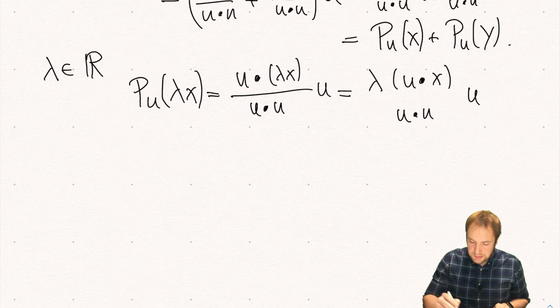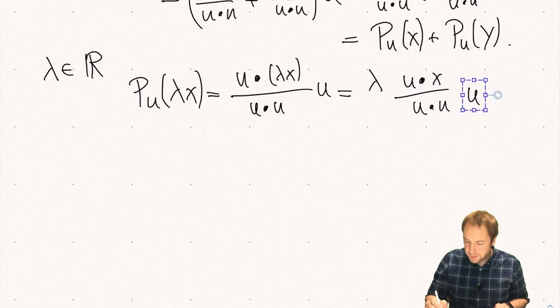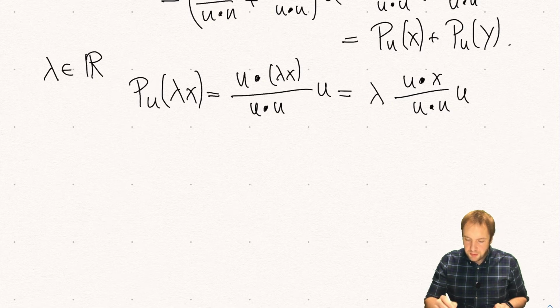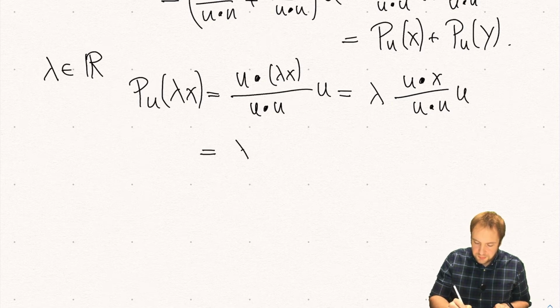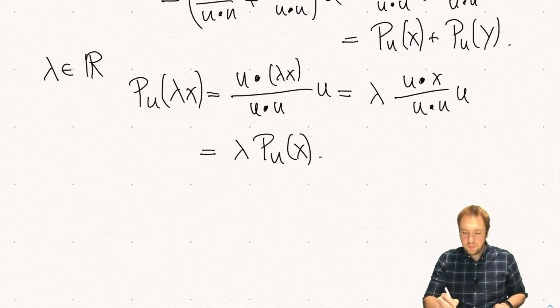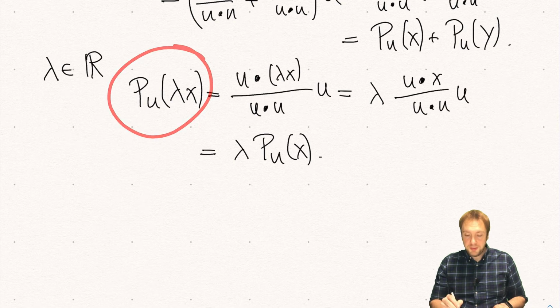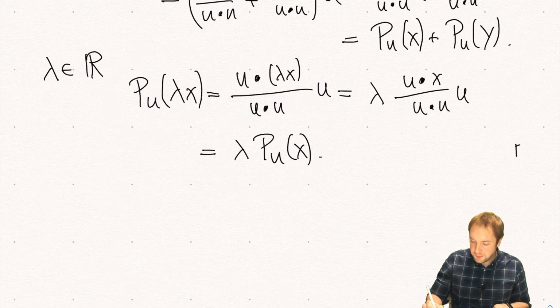But here this lambda we can also put completely in front. So this is then just lambda times pu of x. And this proves the second property for being a linear map.